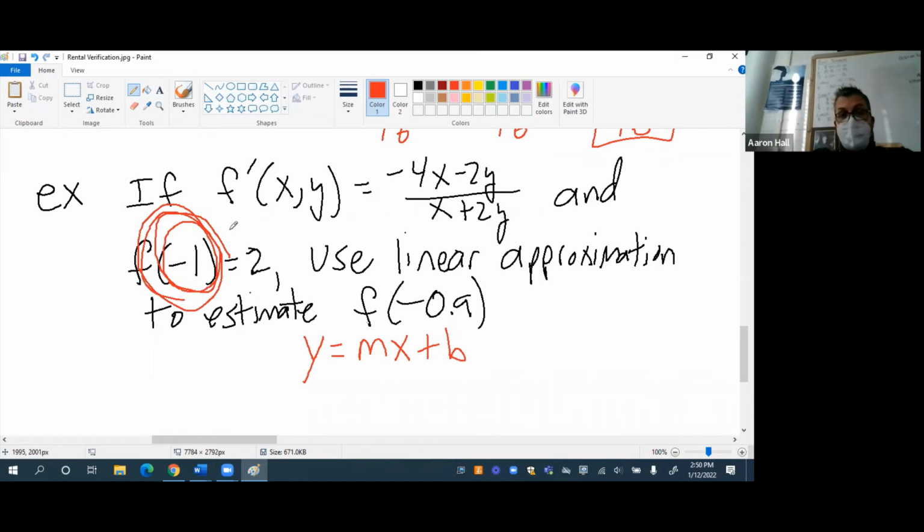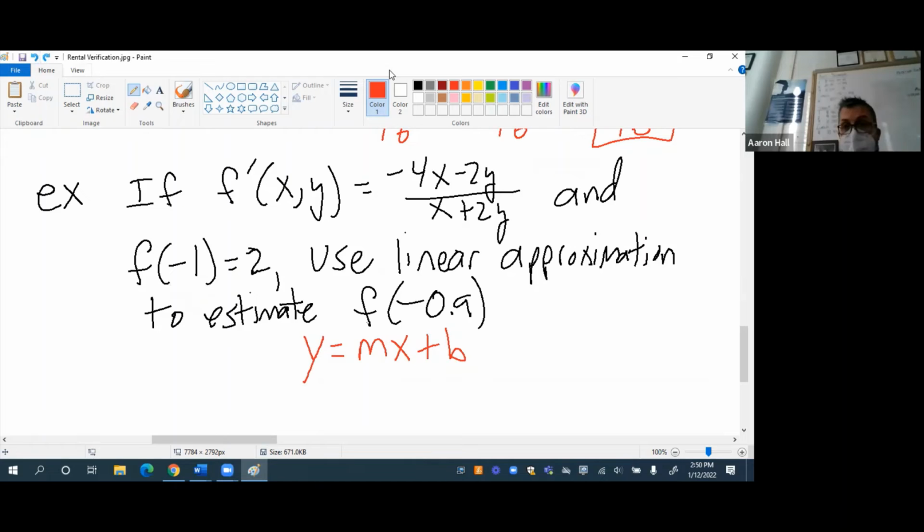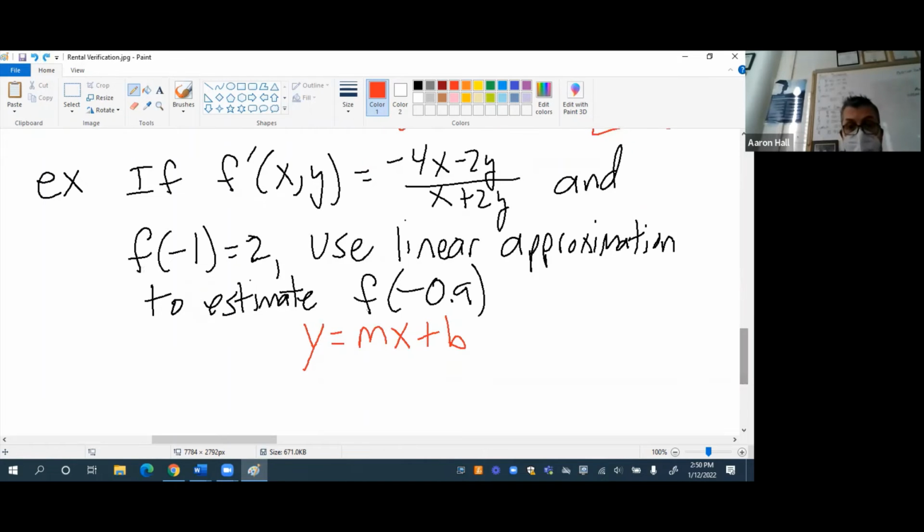So let's plug in our x values and y values here. So my m value is -4 times x, which is -1, minus 2 times y, which is 2, over x, which is -1, plus 2 times y, which is 2.